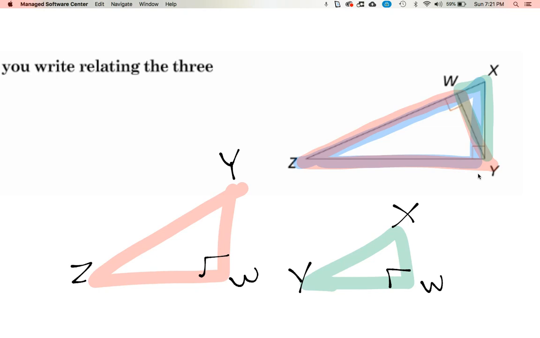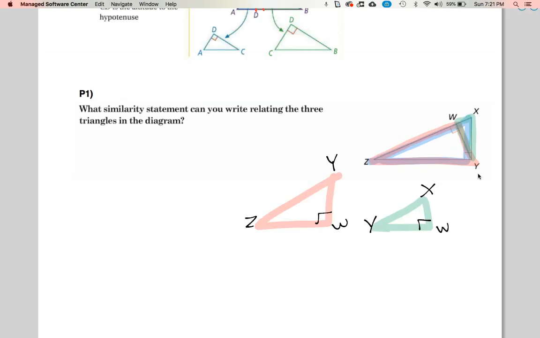So the similarity statement, I'm going to start with the big triangle, and I'm going to pick the three. I'm going to go X, Y, Z. So X is at the end of the small leg. Y is the right angle. Z is at the end of the long leg.